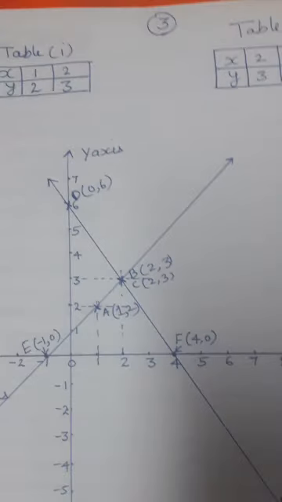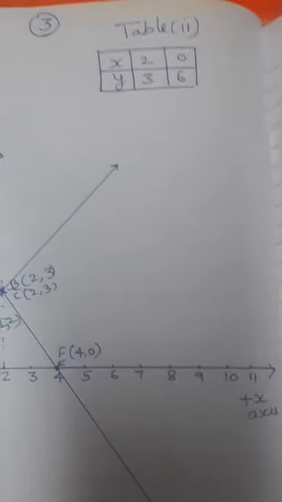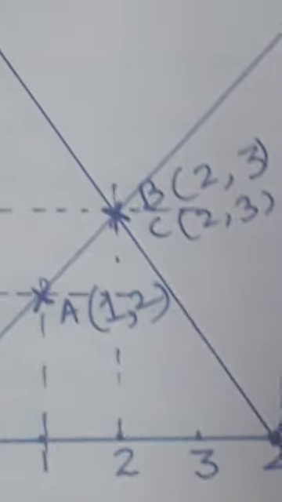Now we come to table 2. When x is taken as 2, y is 3 in table 2. These are the same points as we have drawn earlier. From the x-axis, this is 2. We have moved vertically upwards with the help of a dotted line. At that time the value of y we are getting is 3.